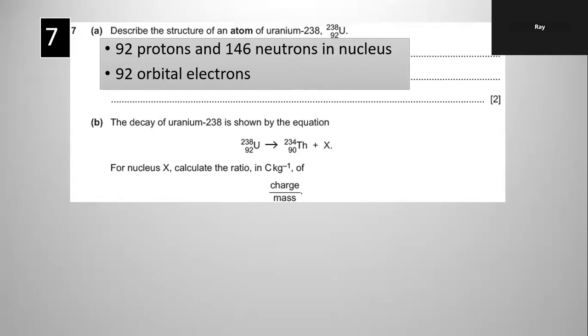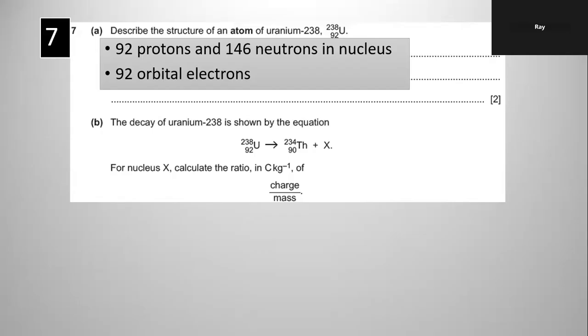92 orbital electrons. What's an orbital electron? The number of electrons in the orbit around the nucleus. How do you know it? Is it because of the proton number?